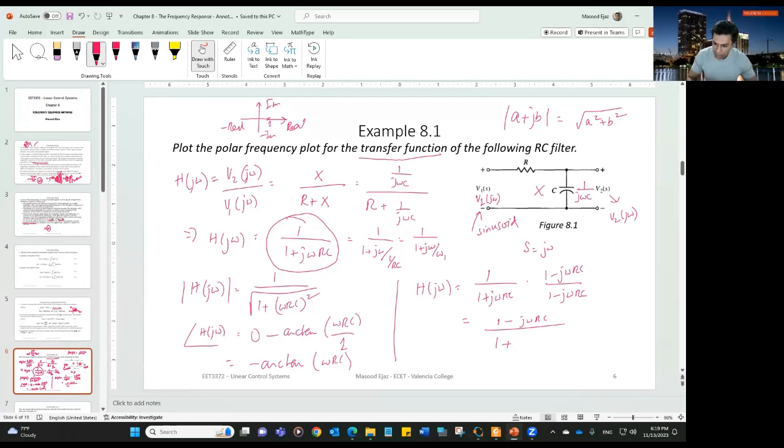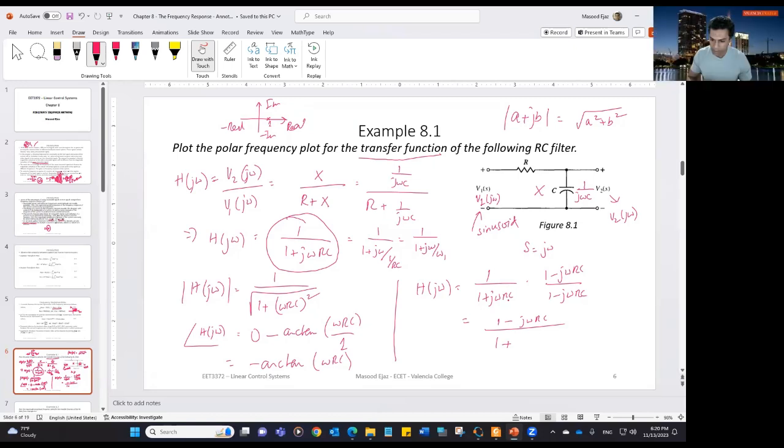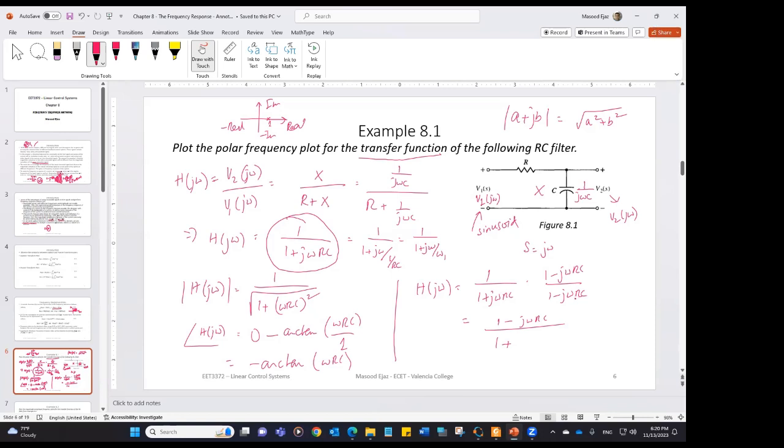When I multiply this and this, what will be the result?